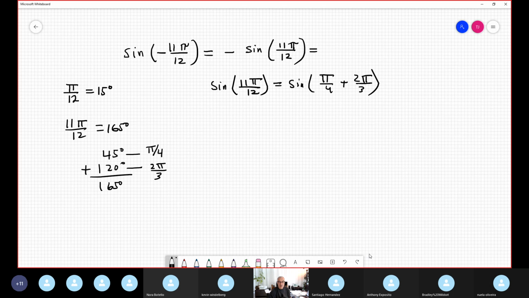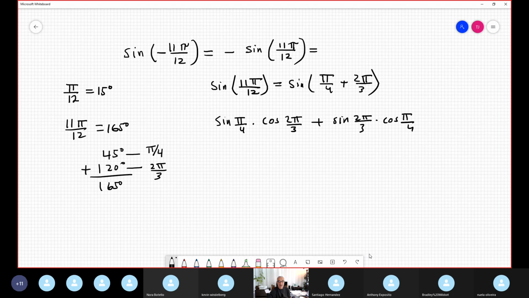What formula? The sum alpha plus beta is sine pi over 4, which is the first, times cosine the second, which is 2 pi over 3, plus the same thing: sine the second, which is 2 pi over 3, times cosine pi over 4.